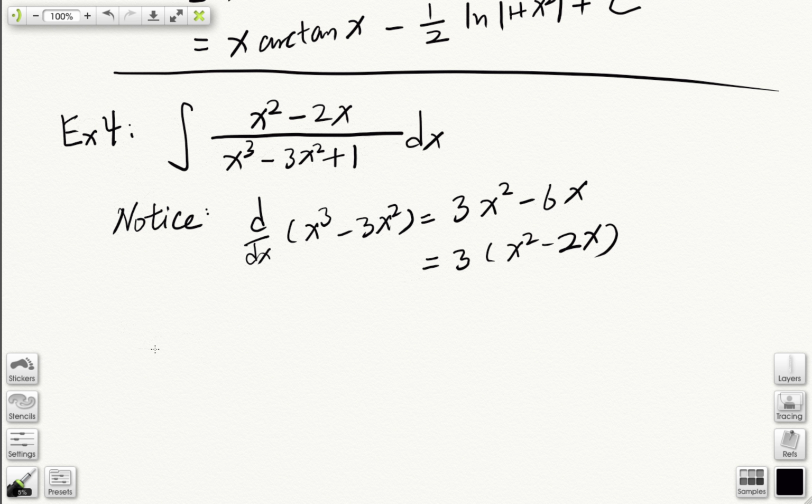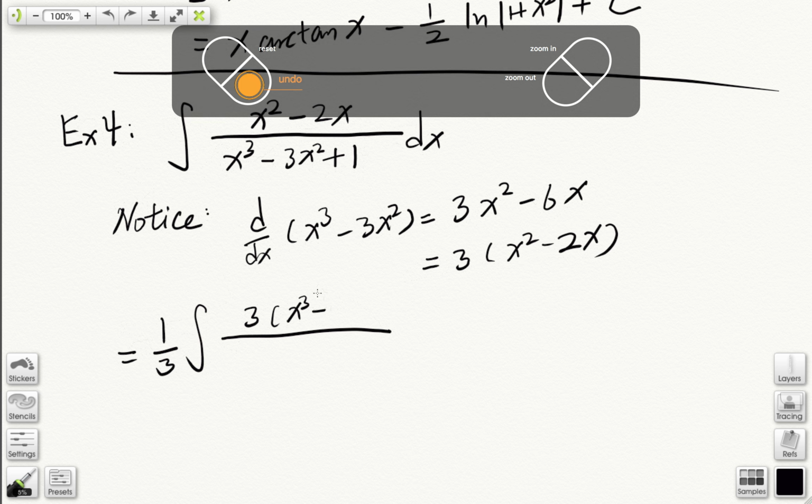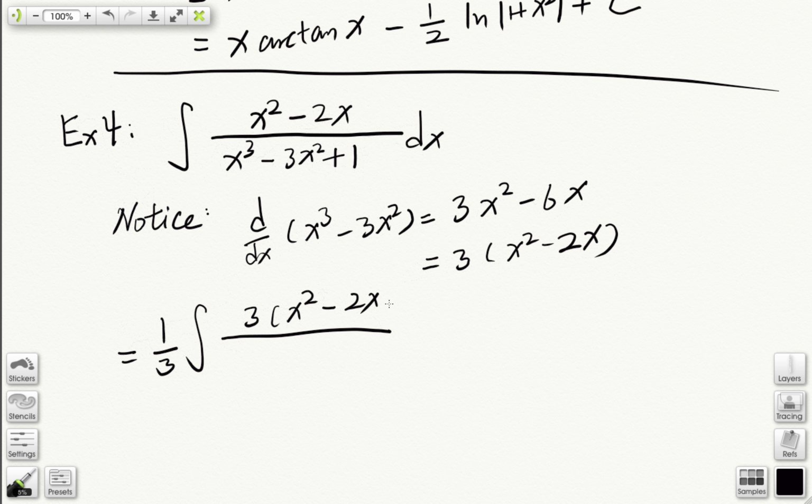So we can make a little adjustment to the integral by multiplying by 3 on the numerator, and then dividing by 3, and then we have this.